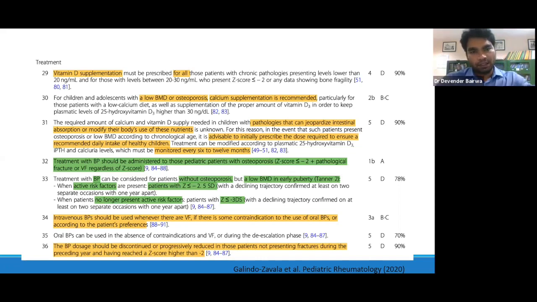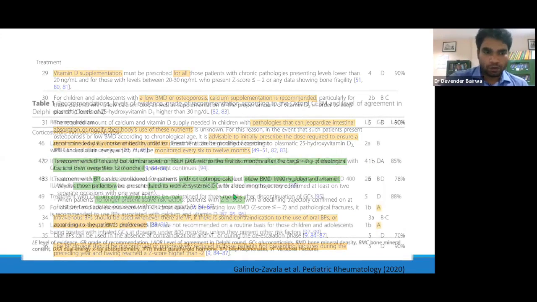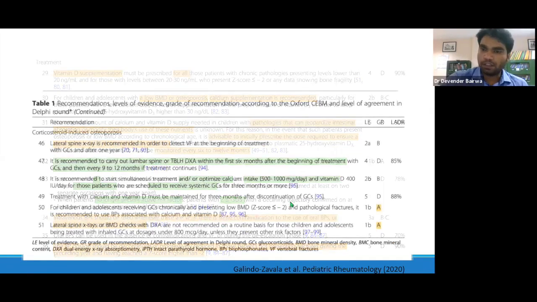Apart from that, vitamin D supplementation and calcium should be like a reflex; you have to give them to everybody. As far as one other recommendation is concerned, just focus on points number 50 and 51. These are grade A recommendations.